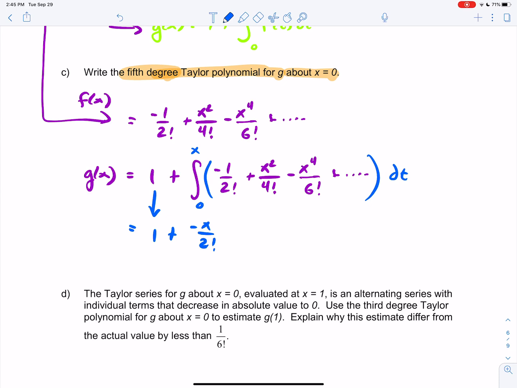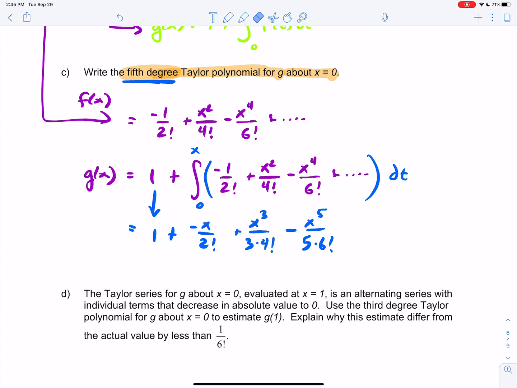The next one is going to be x cubed over 3 times 4 factorial. The next one is going to be x to the 5th over 5 times 6 factorial. And so on. But notice how they only ask for the 5th degree. So there's our 5th degree right there. We don't have to keep going. And that's it.